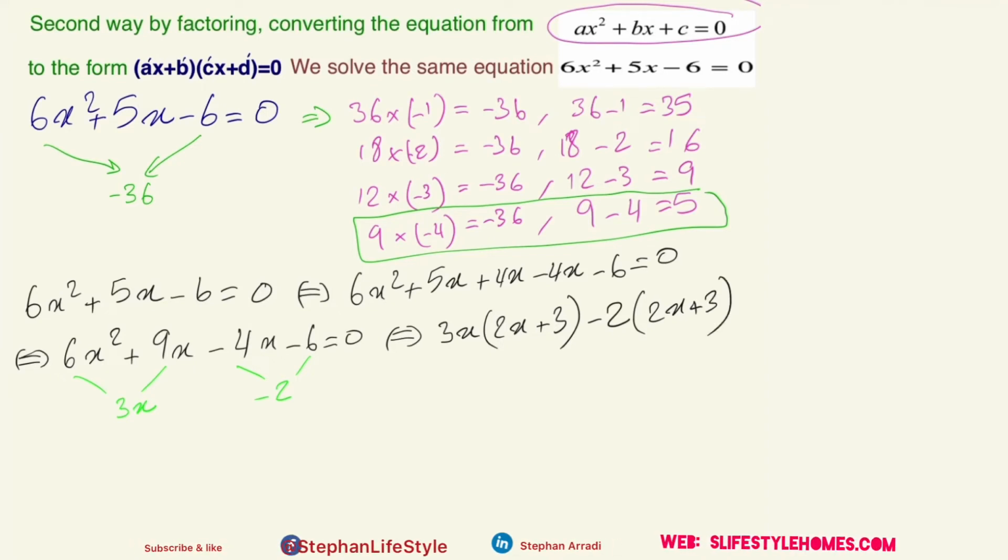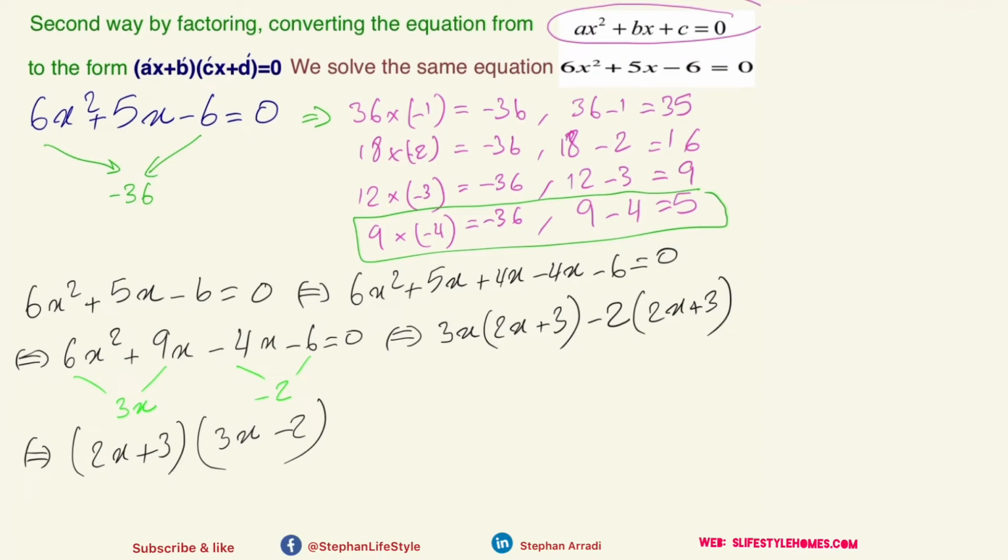We check: 2 multiplied by x gives 2x, multiplied by 3x gives 6x squared, and negative 2 multiplied by 2x gives negative 4x, and negative 2 multiplied by 3 gives negative 6. So from here we see these two also have a common factor, 2x plus 3. We have 2x plus 3 times 3x minus 2, because we can put this together and multiply, equal to 0.